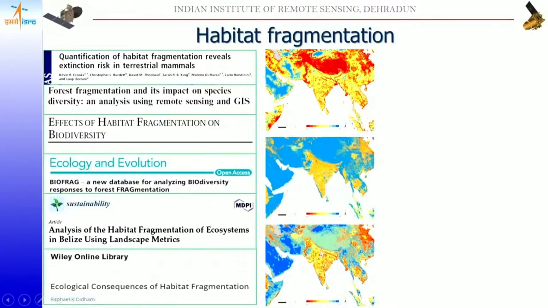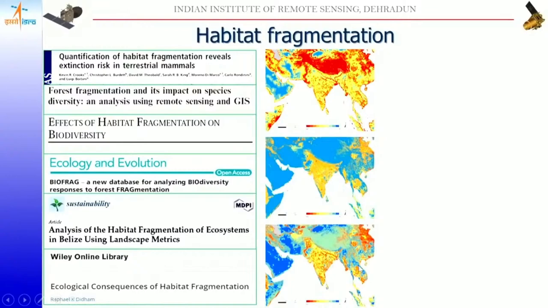And this example is derived because sometimes we have natural barriers. If you remove the natural barriers, what is the actual disturbance based on the human footprints as well as the interior core? So this is the example for the Indian context.